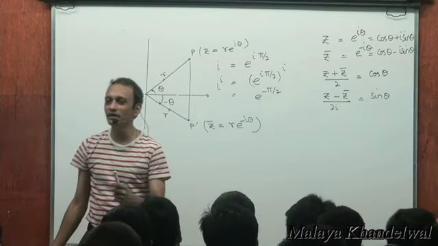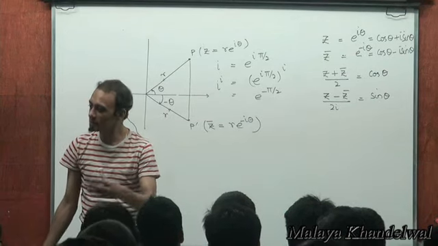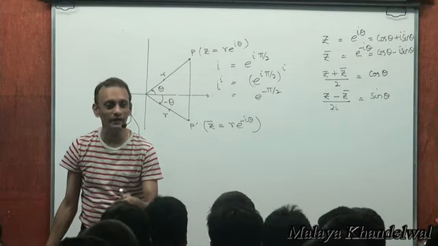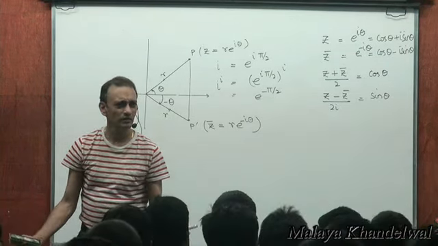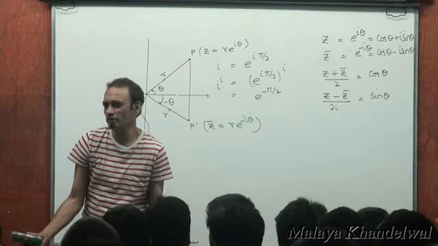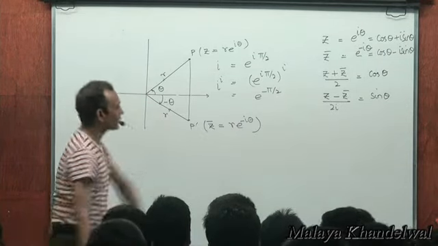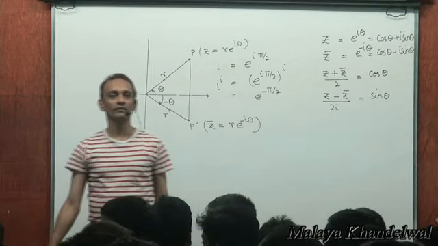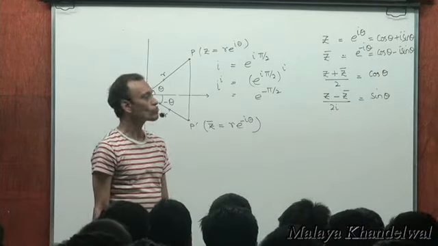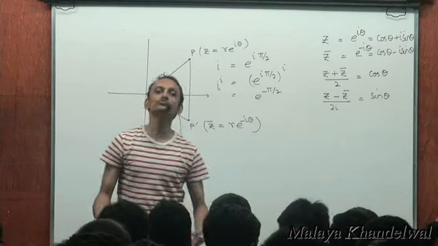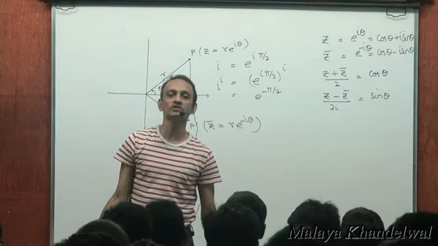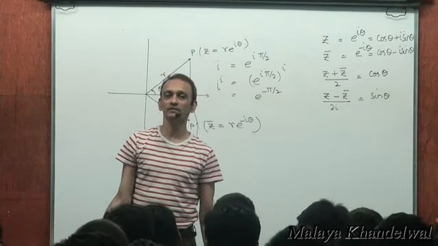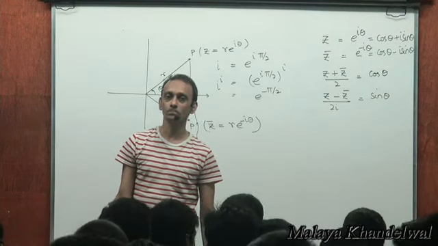Shall I take the liberty of going some more stages, although that will not be required in ellipse, but shall I go ahead and discuss those things now, if you are okay with it? Okay. I chose that e power i theta as some z, just out of my choice, right?